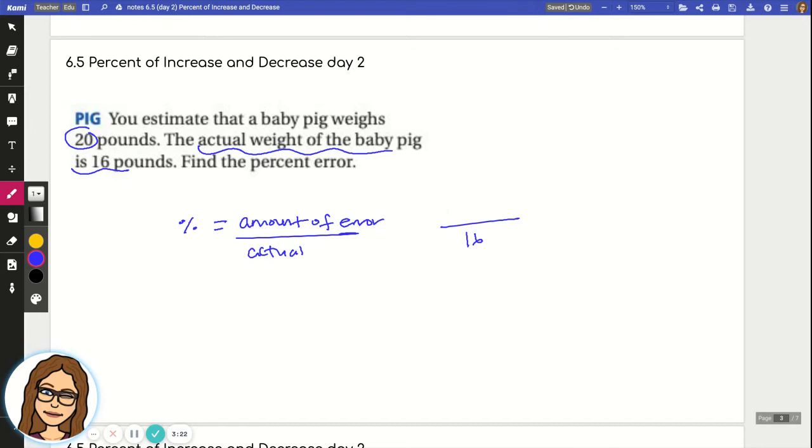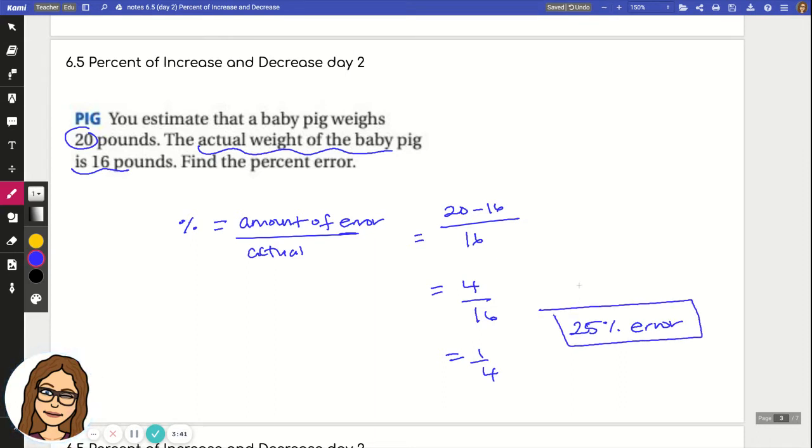You guessed 20, so 20 minus 16, that's the ratio you're looking for. That's 4 over 16. A lot of you know that that's 1/4, which then would make you all know that this is a 25% error. Hopefully we can do that one without calculators. All right, so amount of error over actual. So you'll have a couple of those, not too much, but I just wanted you to see what it was all about.